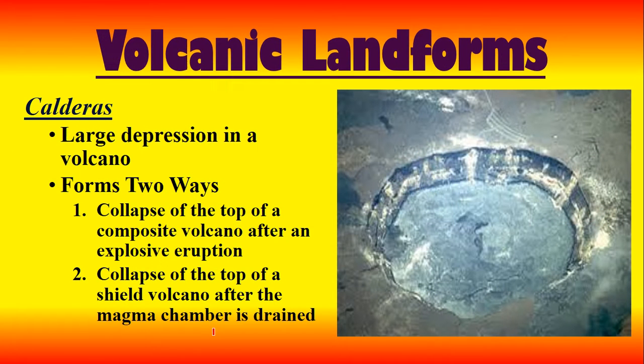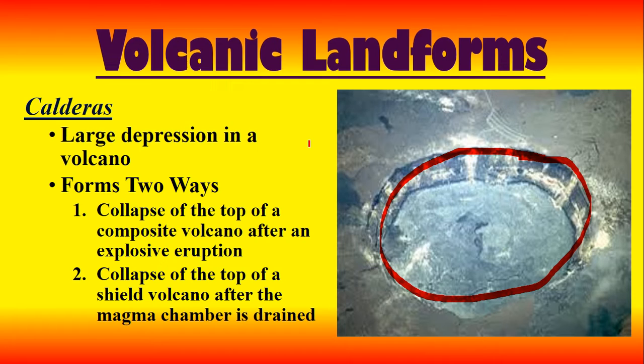The first volcanic landforms that we're going to talk about are called calderas. They're large depressions in a volcano. You can kind of see that right here. Now, they can form two ways. They can either form from the collapse of the top of a composite volcano after an explosive eruption.